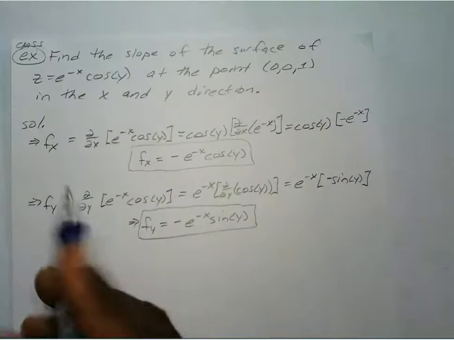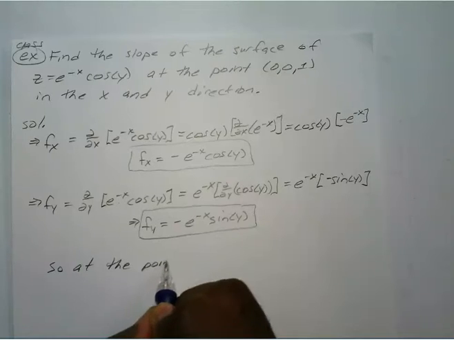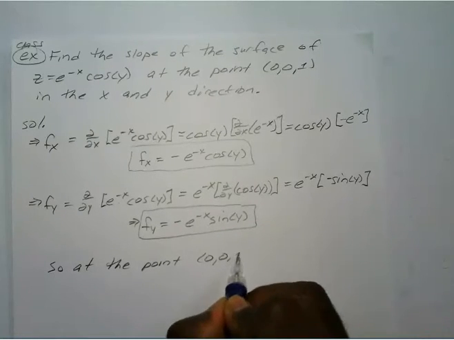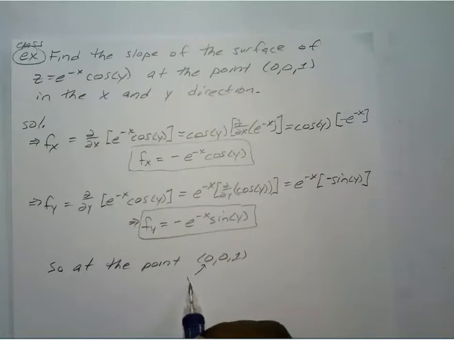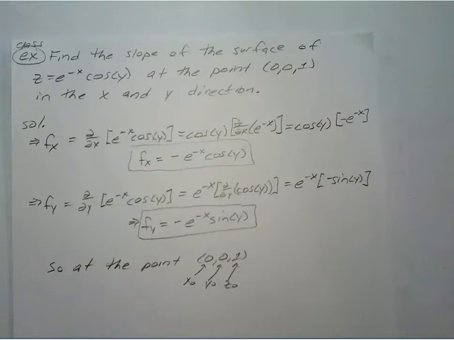Okay, so if we look at the point 0, 0, 1, where that's your x0, y0, and your z0, partial derivative of x at 0, 0, remember that's your x0 and y0, is negative e to the negative 0 cosine of 0.